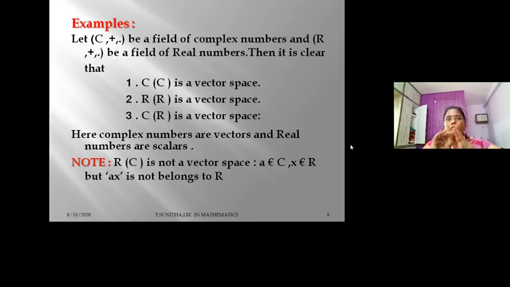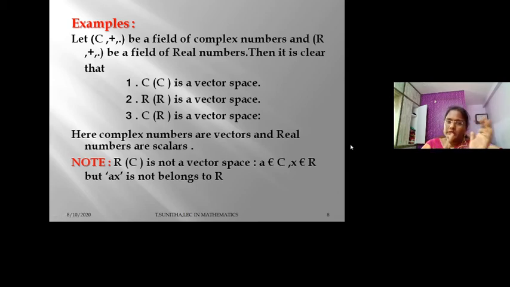Here we took two fields. Then it is clear that C over C is a vector space. R over R is a vector space. C over R is also a vector space. How is it a vector space? Here complex numbers are vectors and real numbers are scalars in C over R. See, whatever is in brackets is the scalar set.